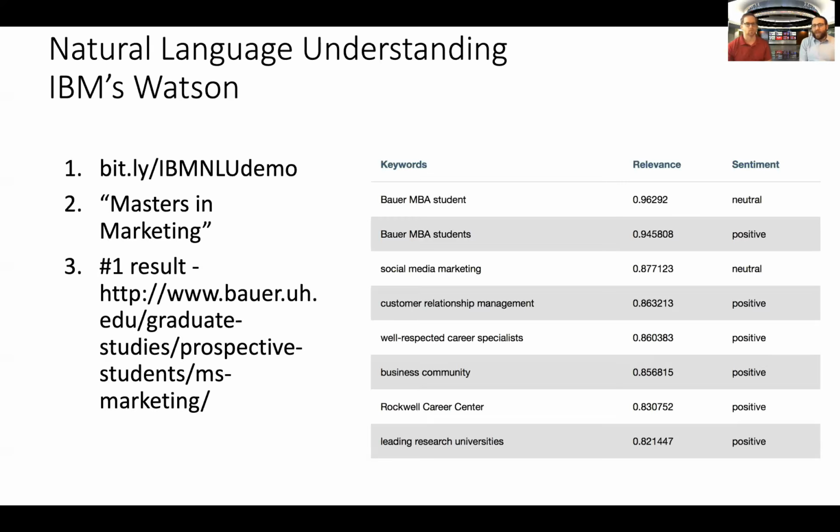That if I want to rank for Masters in Marketing program on Google, I better have an article that talks about social media marketing, customer relationship management, a good business community, right? These are all phrases or topics that this article is really about. And if I want to rank, I might as well make sure that I add those topics or phrases as well.